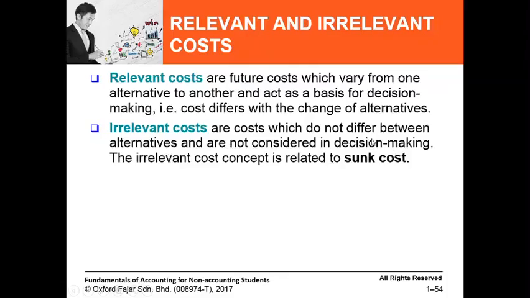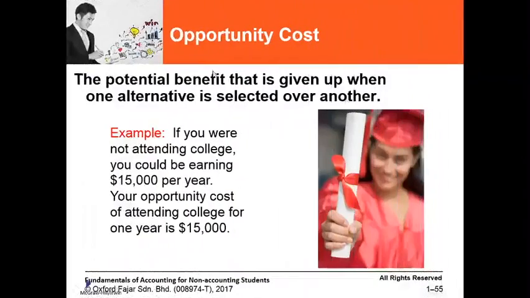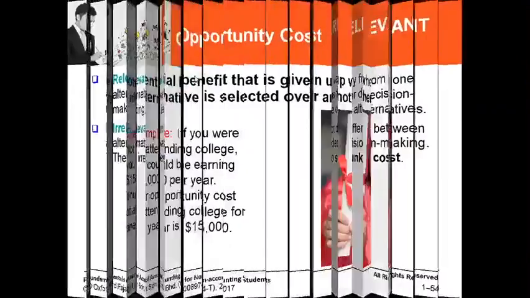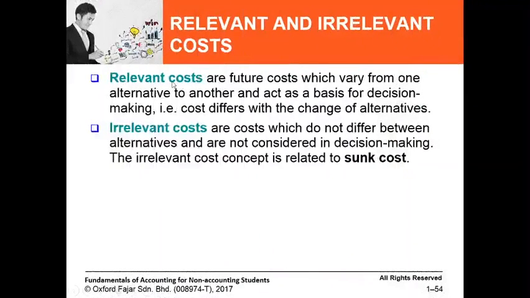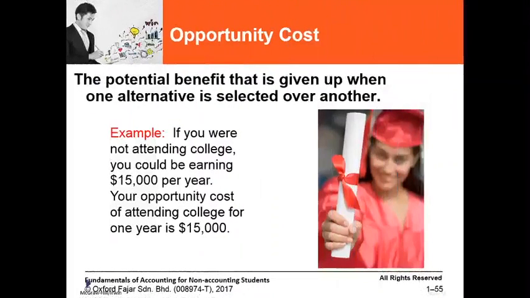This is called sunk costs. Opportunity cost is considered under relevant cost. Any relevant cost will influence you to choose one option over another option. But irrelevant cost, meaning to say this cost will not influence you to make any kind of decision.